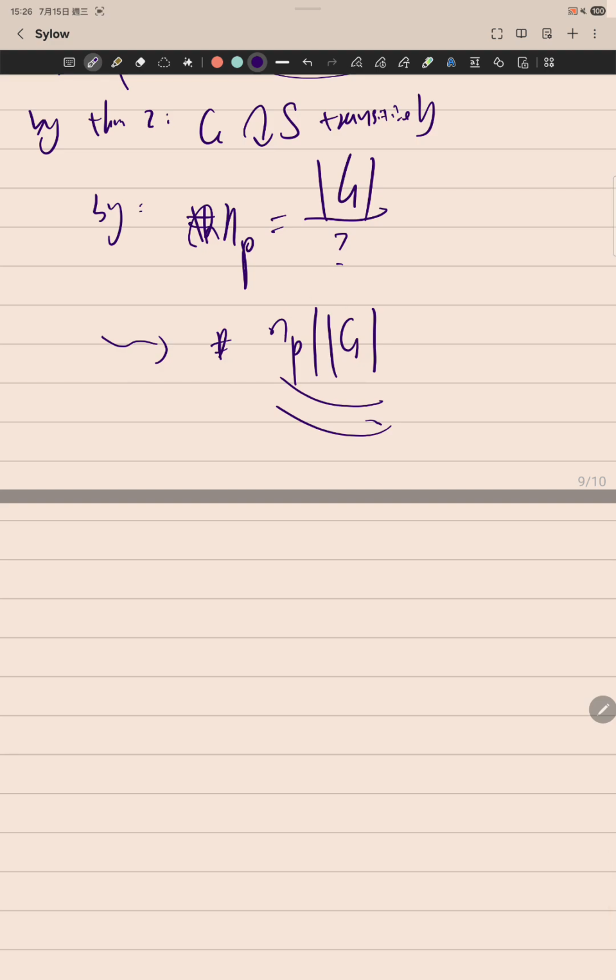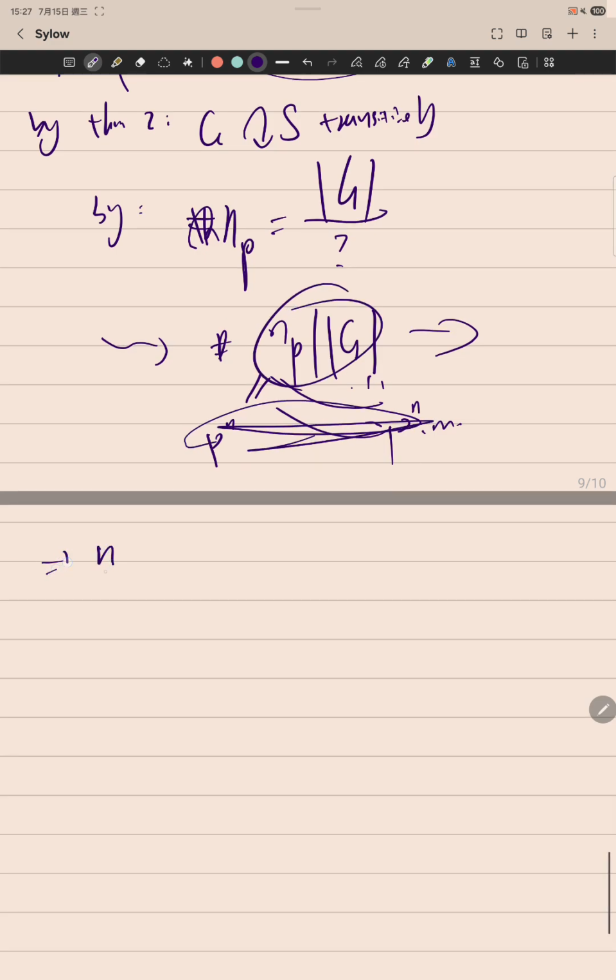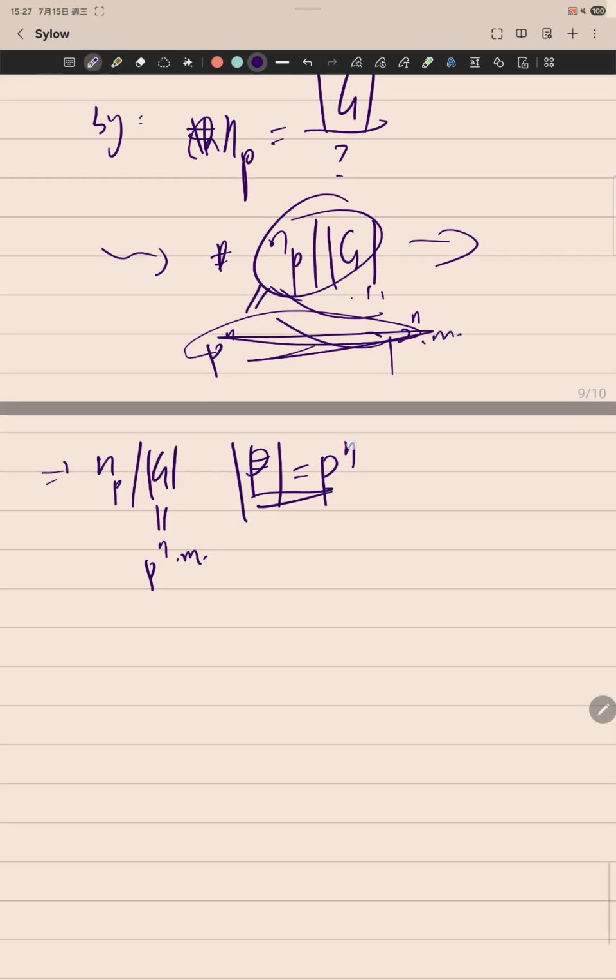Right, because it divides this. But the order of G is p to the n times m, and the Sylow group size is already p to the n.